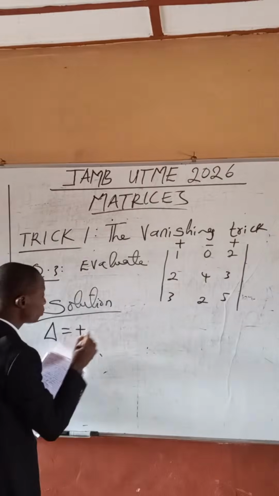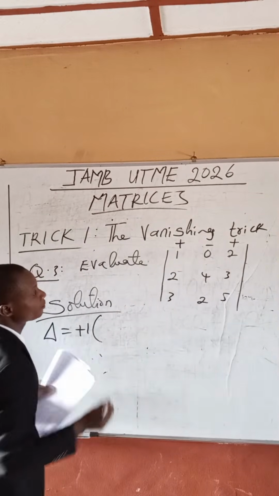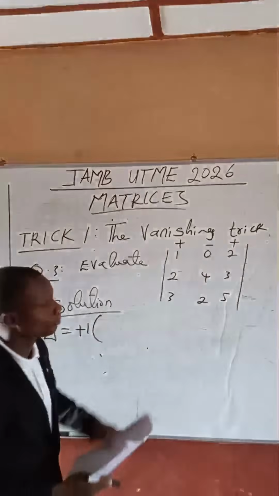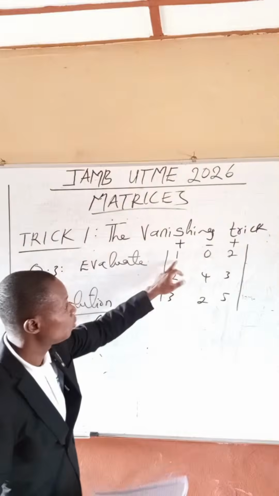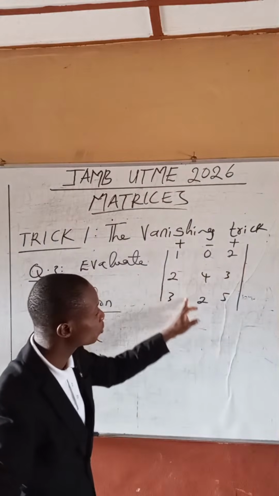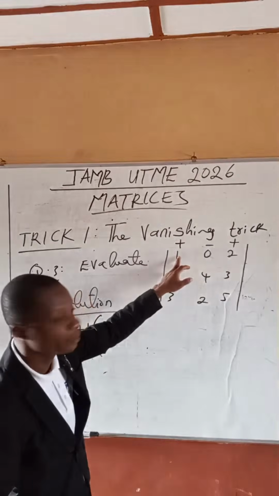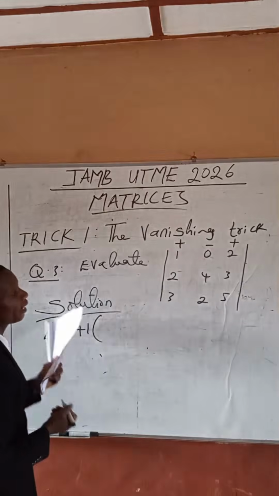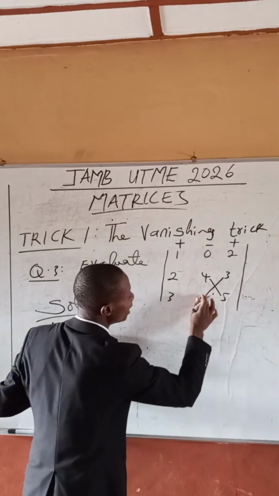So that is plus this one here, then open bracket. Now what we are going to do, cross the column of the one, of this one, then cross the row. Whatever we did not cross is the matrices of the cofactors of 1. So the implication here is that this one is going to be cross multiplied.